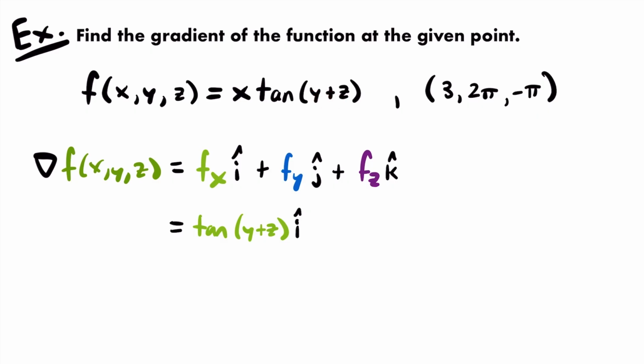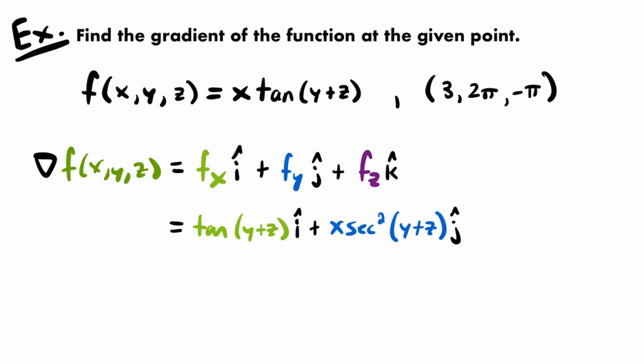So 1 plus 0 is 1. You'll be multiplying by 1 after you take the derivative of tangent. And so the derivative of tangent is secant squared, so we'll have plus x times secant squared of that same inside function, y plus z, and you'd technically be multiplying by 1, but that doesn't change anything, so I'll leave it like that. That is the y component, and would be multiplied by j.